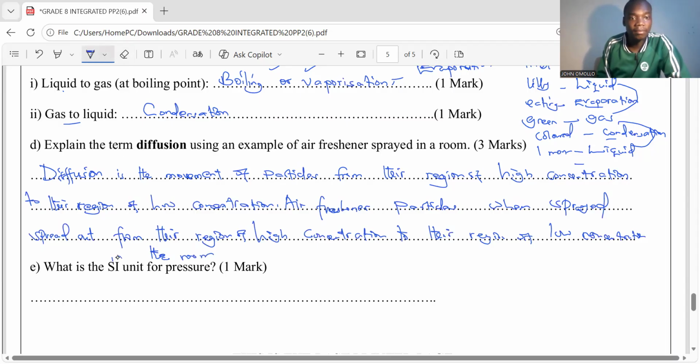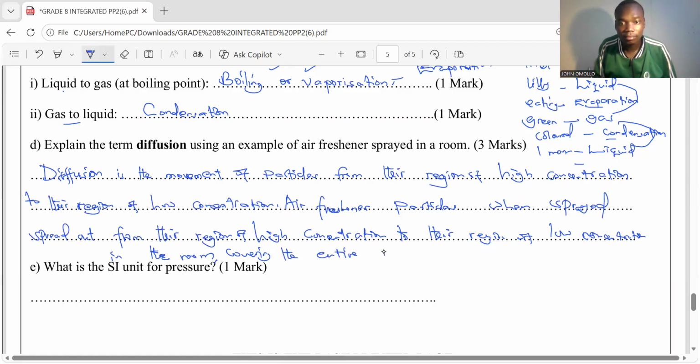So they spread from their region of high concentration in the room to their region of low concentration in the room, covering the entire room with the smell. Full stop, just like that, with the smell.